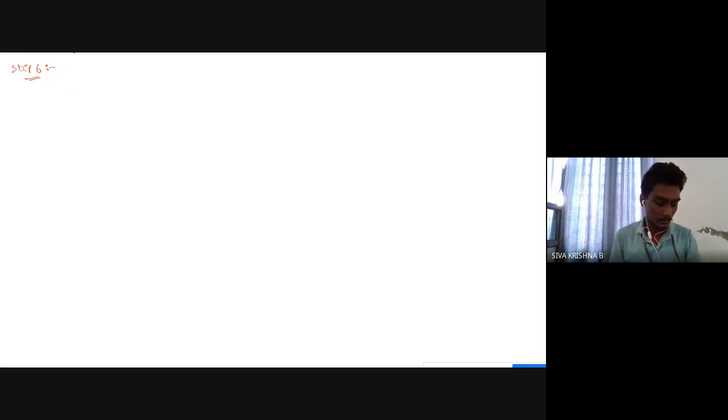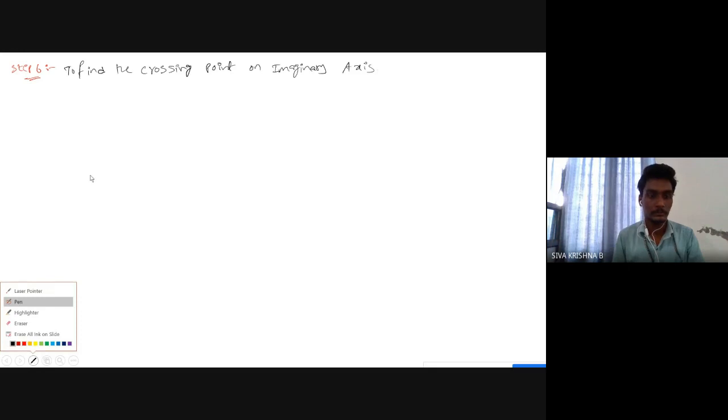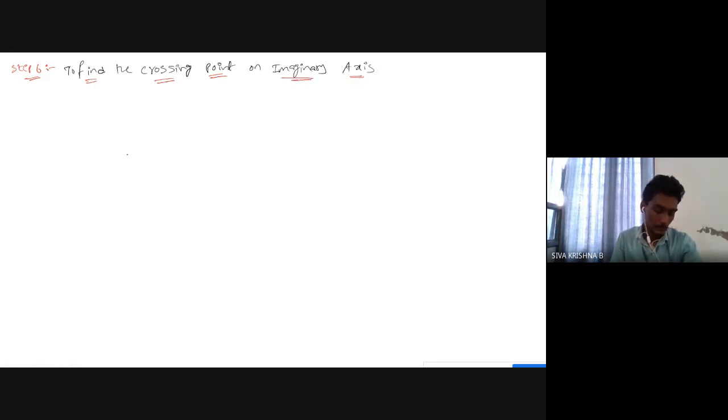Okay, yes. Find the crossing point, or else the intersection point, with the imaginary axis. To find the crossing point on the imaginary axis, you need the characteristic equation.